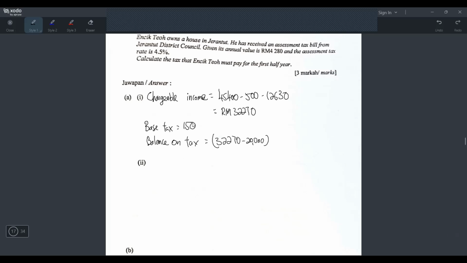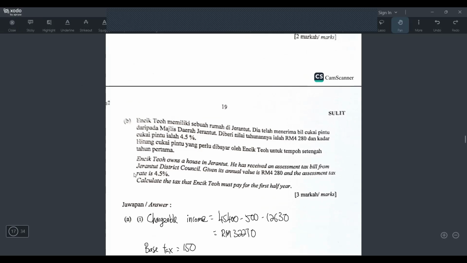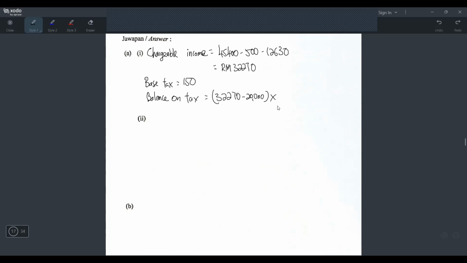Because for the first 20,000 you already pay 150, and then the balance you have to multiply by 3%, and 3% is 0.03. This is how you calculate the balance, the cukai baki. Why is it 0.03? Because 3% means 3 divided by 100. Now let me press my calculator. My calculator gives me 368.1. So this is my cukai baki, or in English, balance tax.